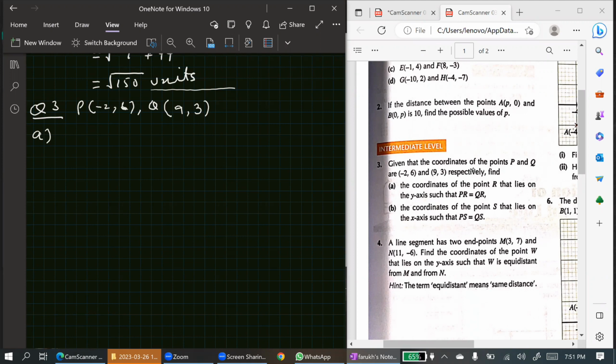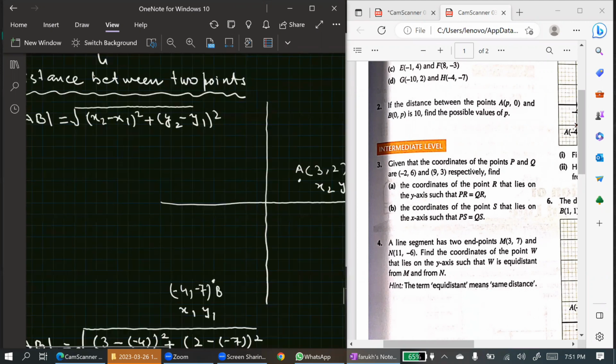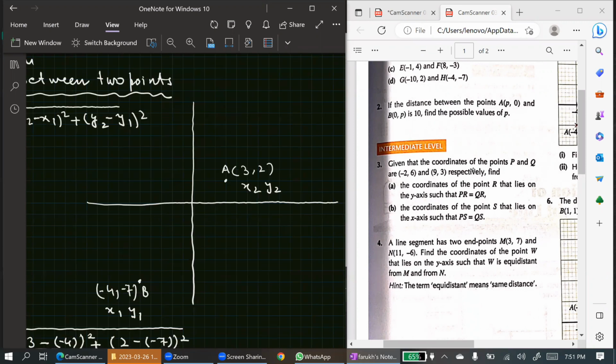If a point lies on y-axis, if a point lies on y-axis, what is the special characteristics for this point? What is special in this point?